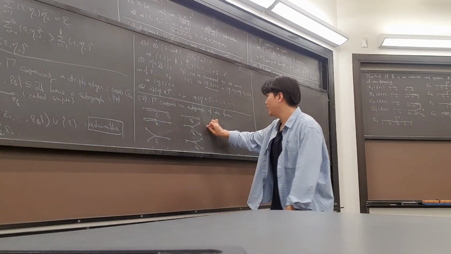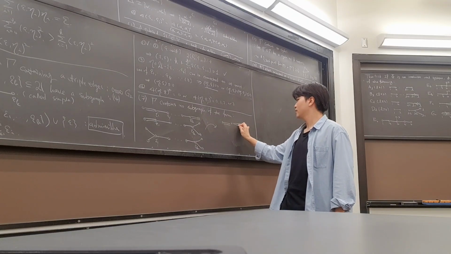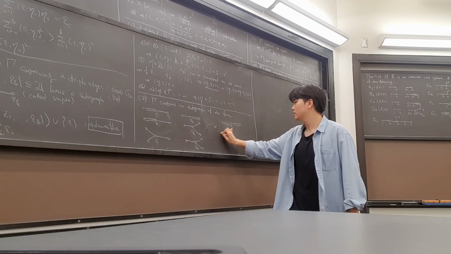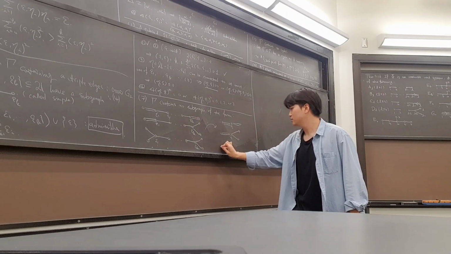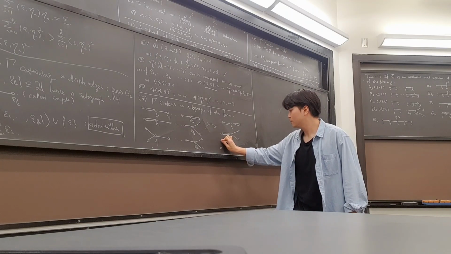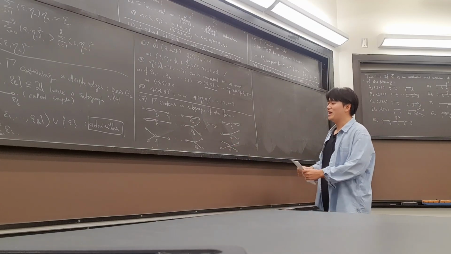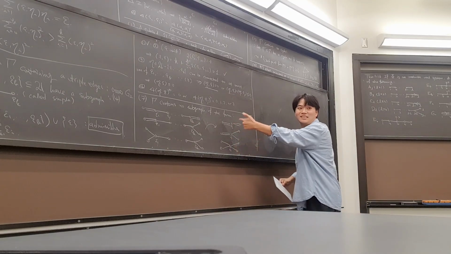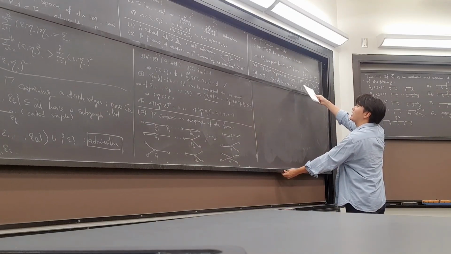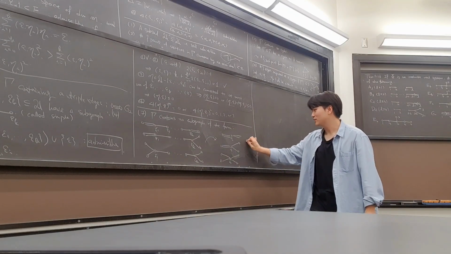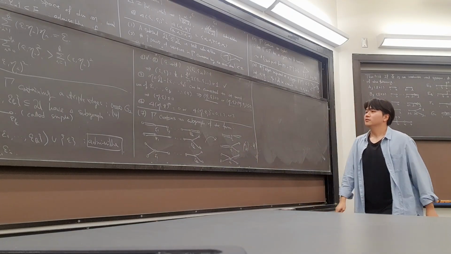So we can make it like this, like this, and like this. But they have 4 edges from these vertices. But this is a contradiction by 4, right? This is a contradiction by 4.